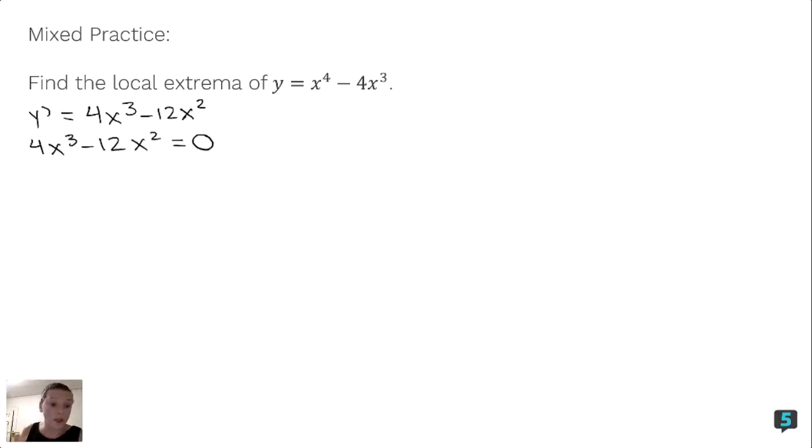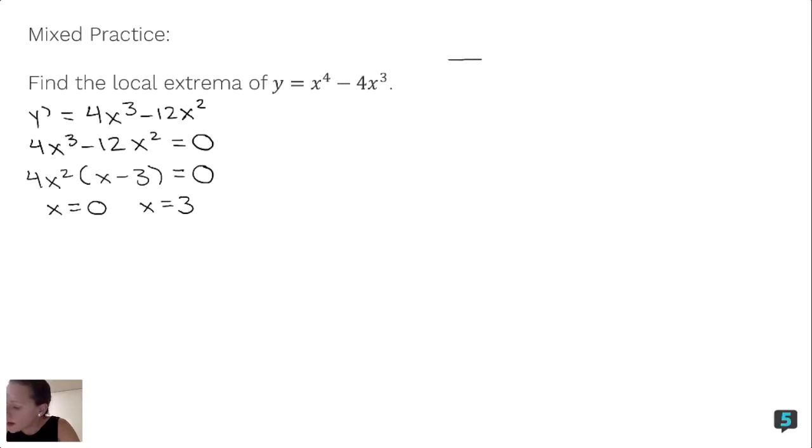So far, we've been dealing with polynomials, so we haven't had to worry about where the derivative does not exist. And we are going to factor out a 4x squared to be left with x minus 3 equals 0. This is going to give me two critical numbers. I'm going to have the critical number x equals 0, and I'm going to have the critical number x equals 3.